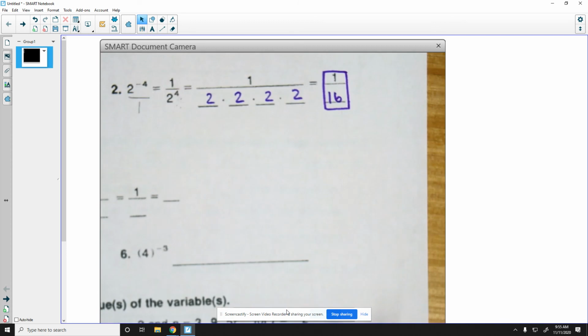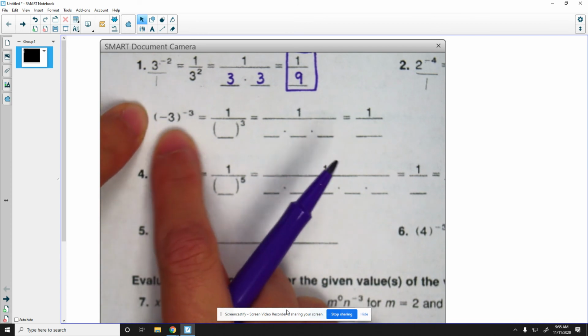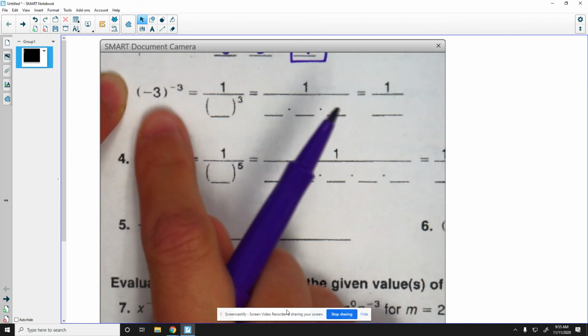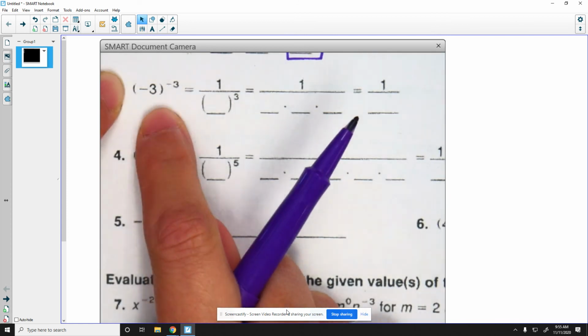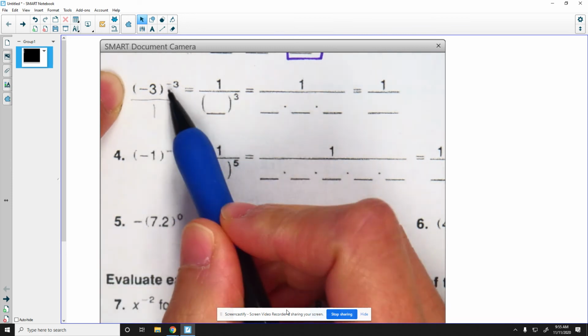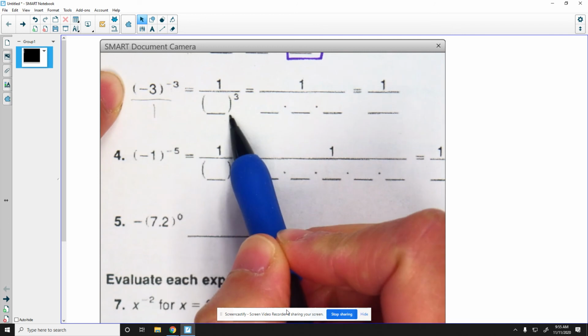Okay. Now let's make it even more complicated. The reason why number 3 is more complicated is because you have that parentheses right there. Since I have the parentheses, first of all, I see that I have a negative exponent, so it's over 1. Since it has a negative exponent, the rule is I flip it, right? It was on the top, now it goes to the bottom.